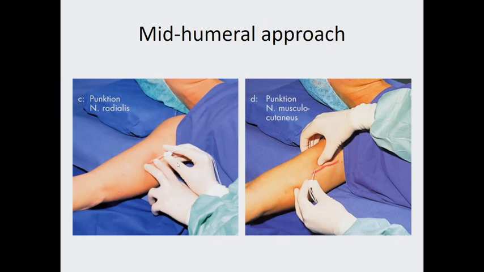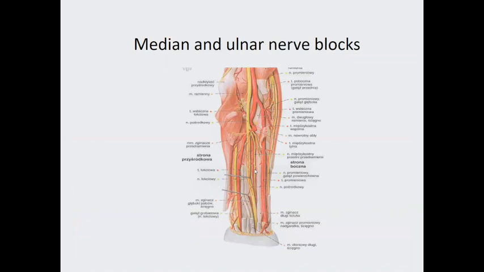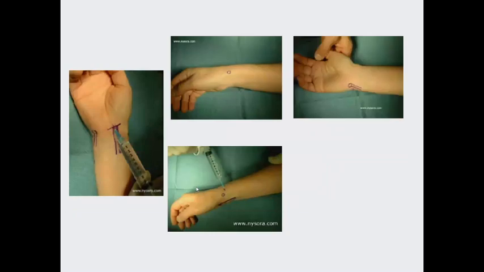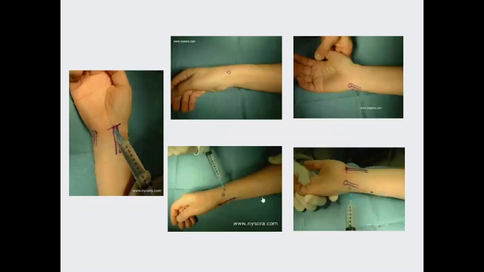The forearm can also be blocked. The radial nerve can be blocked at the level of the arm, and the musculocutaneous nerve. Some nerves can be blocked at the level of the elbow, and there is a very simple block of the wrist.